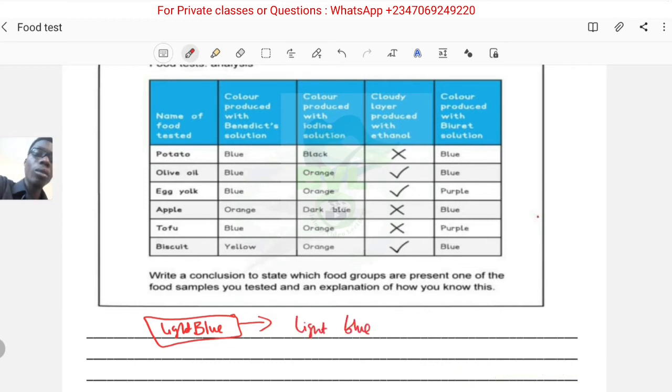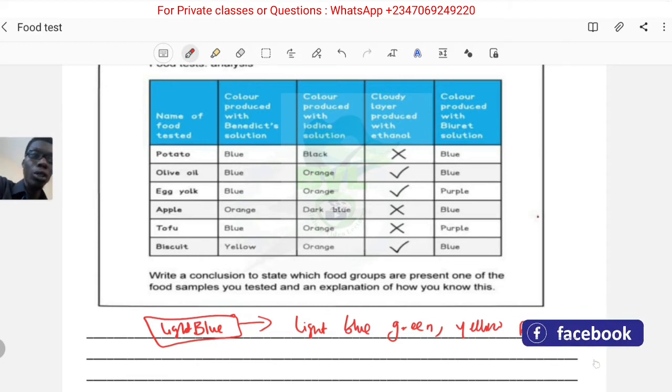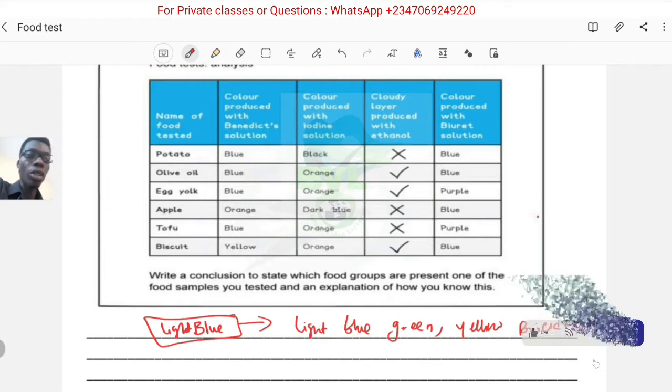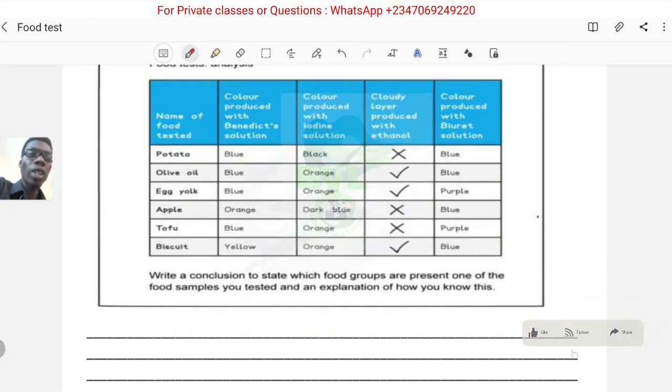But if sugar is present, we expect to see a color change. It's going to be green if you have little sugar in it, or say mild sugar. It's going to be yellow if you have moderate sugar, and it's going to be brick red if you have a high level of sugar in that sample. So it's just a quick overview. You might want to check that video.